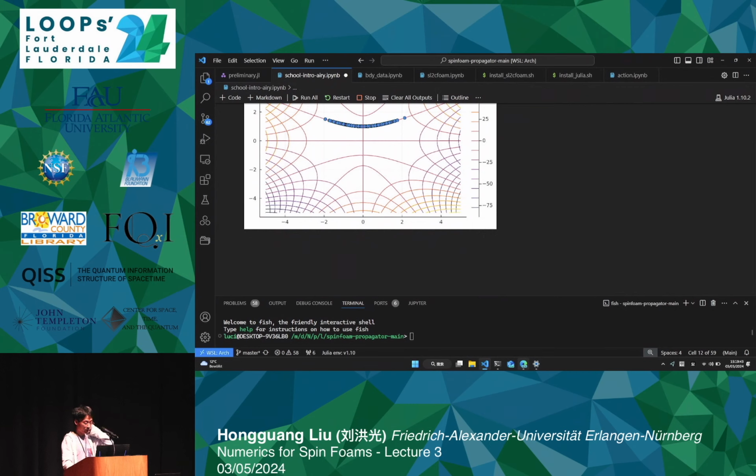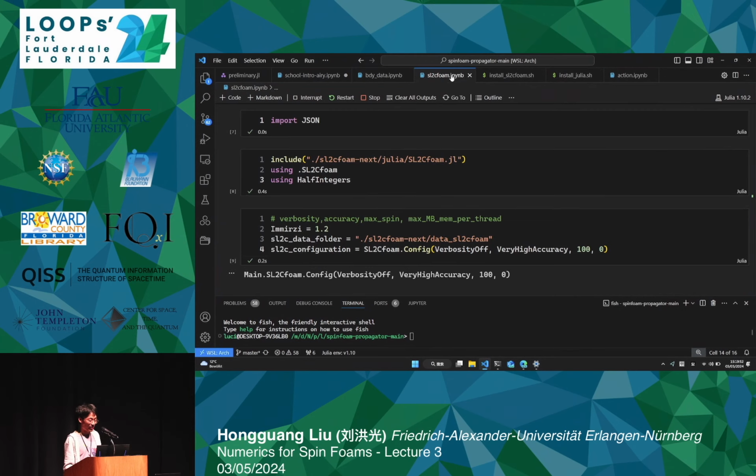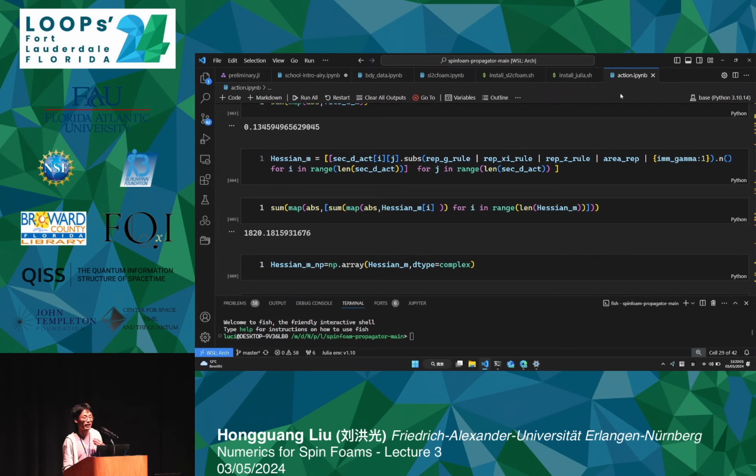So, as a summary, you already see we do three things. First, we have the boundary data, and then we have the action, and we can evaluate the amplitude directly in the small spin regime, also coupled to coherent states. If you have a very powerful computer, you can also evaluate it in the large spin regime, which can be compared with the asymptotic expansion method using the action.